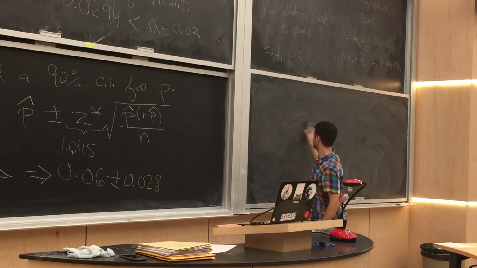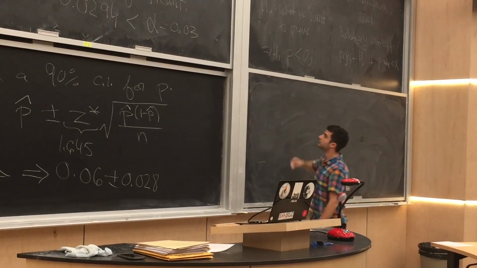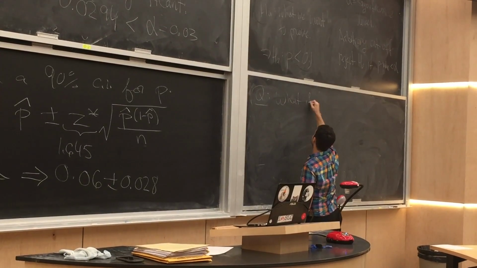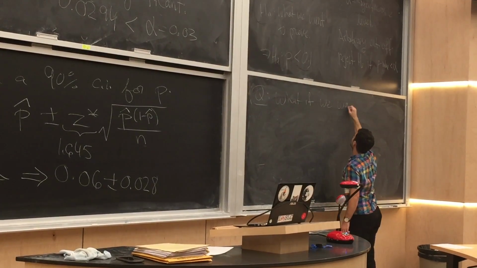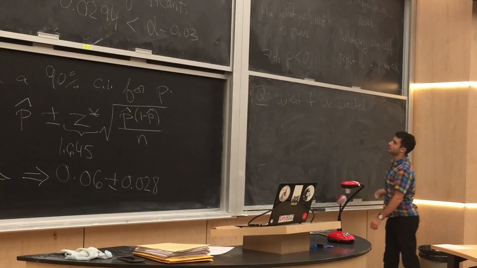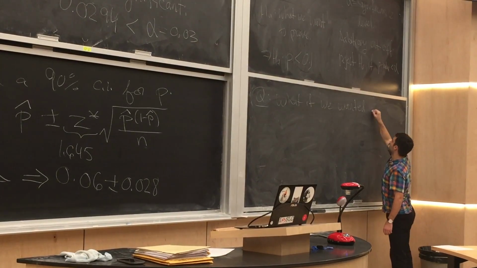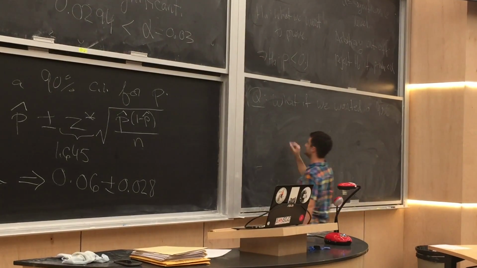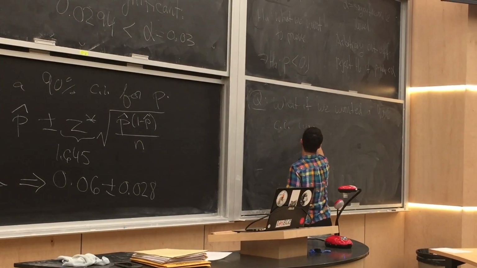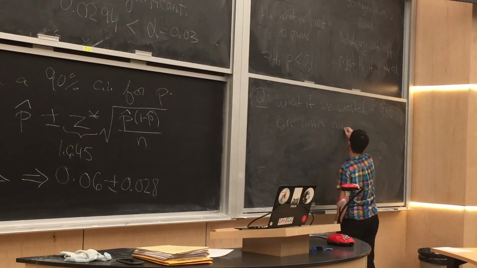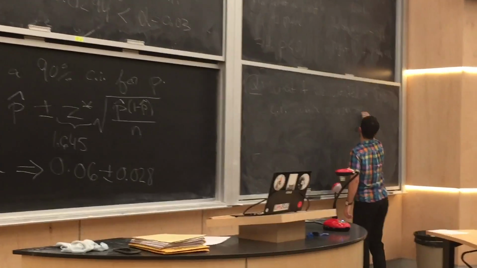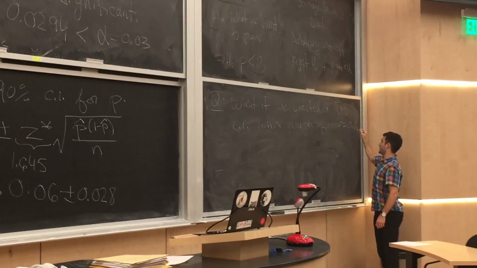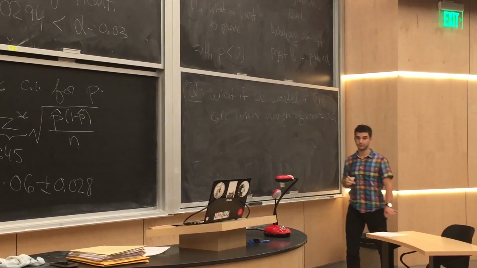So the question is, what if we wanted a 90% confidence interval with margin of error equal to 0.01?